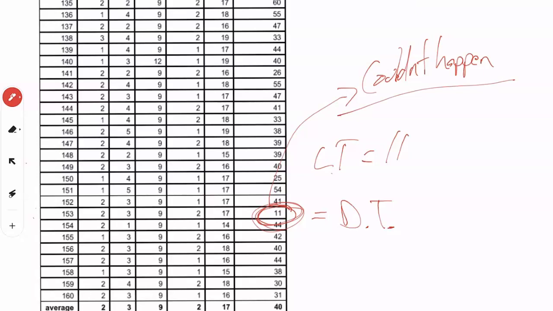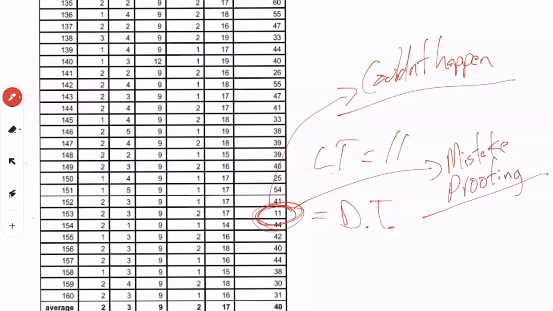But if they are going to remove this record, they have to make a promise to me. And that promise is that they'll build in countermeasures, solutions, to prevent this type of mistake from happening again. We sometimes call it mistake proofing. Some examples of mistake proofing could be something as simple as data validation in the spreadsheet, never allowing values for total lead time to be less than the time that it took to get to the delivery driver.